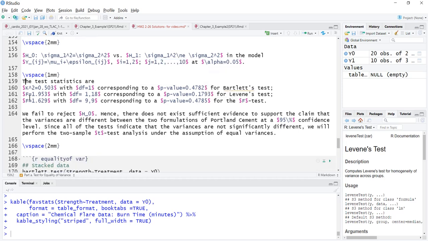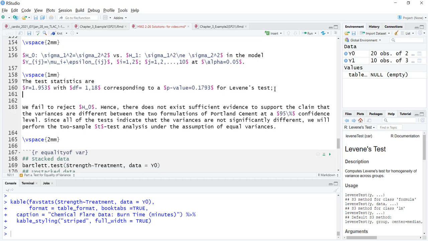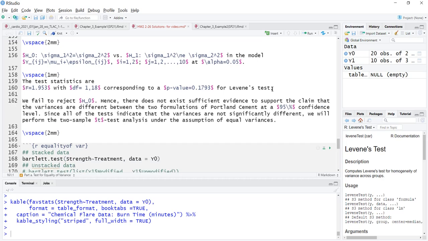So now I don't need the test statistics for Bartlett's test or the F-test. So what I'm going to do is come down here and change this to be burn time and type.